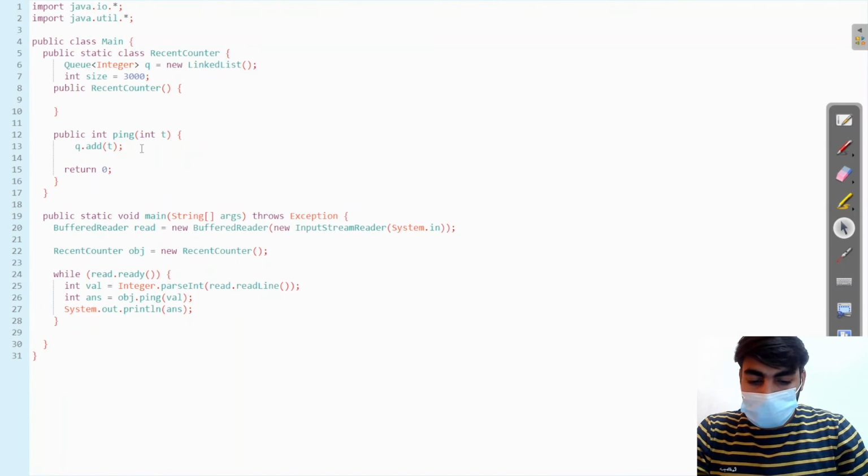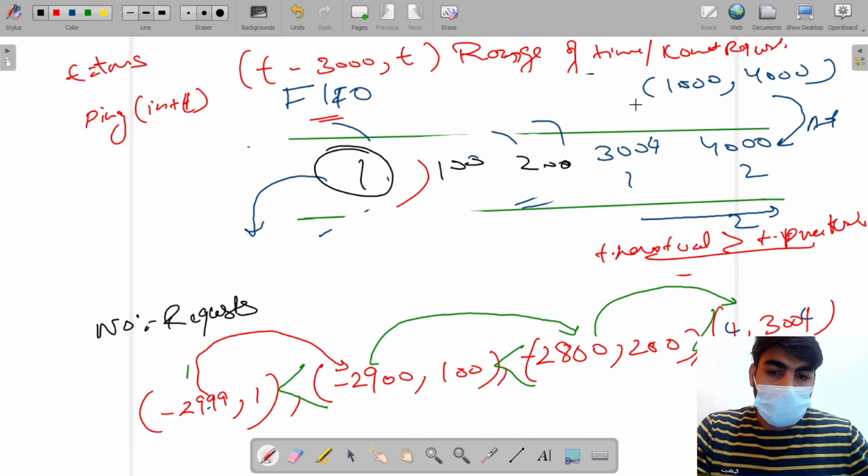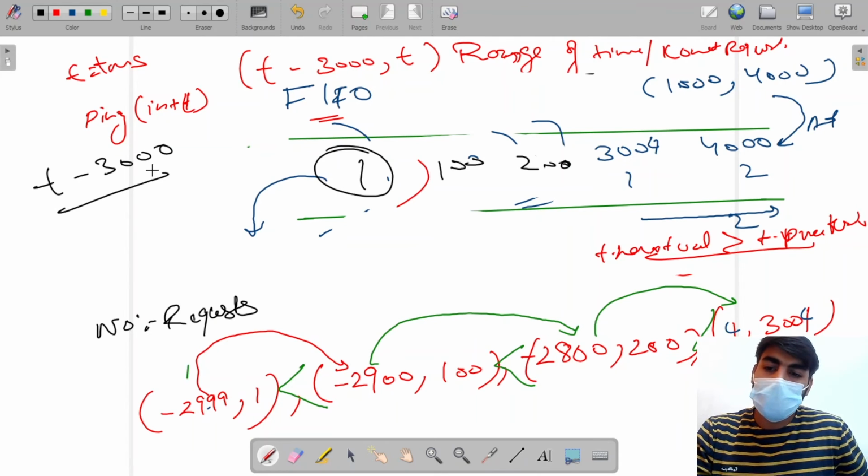and after that I am creating a min which is equal to t minus size. Why I am doing this? You can see we are checking the range. For that we have to do t minus 3000.